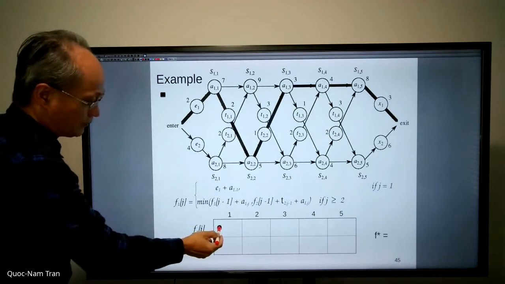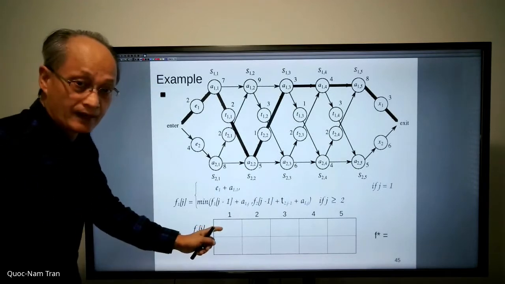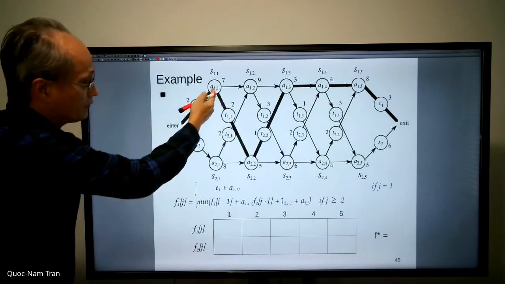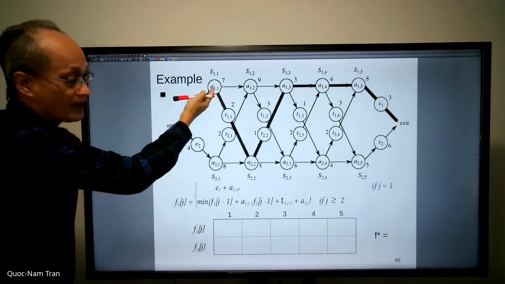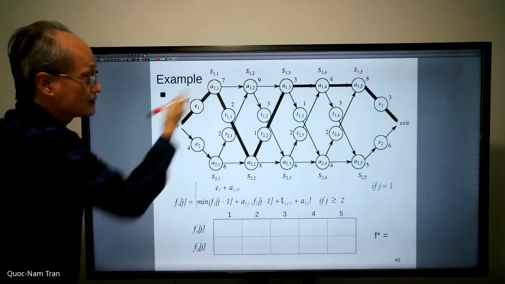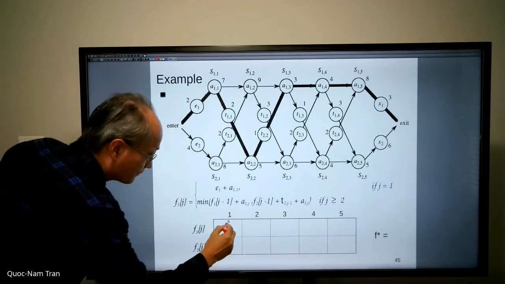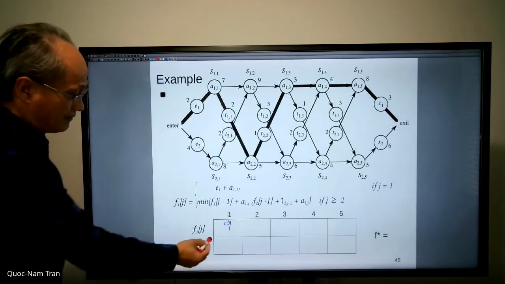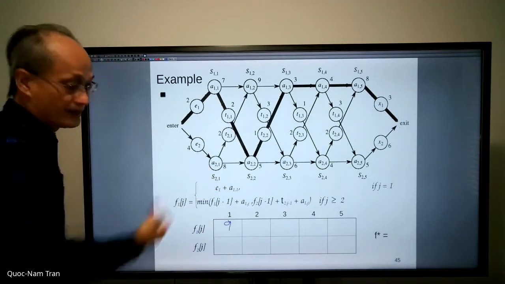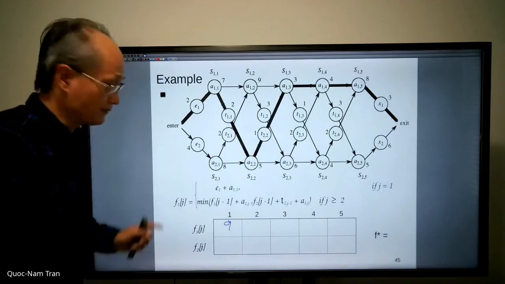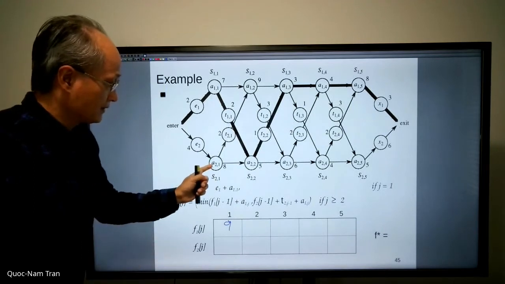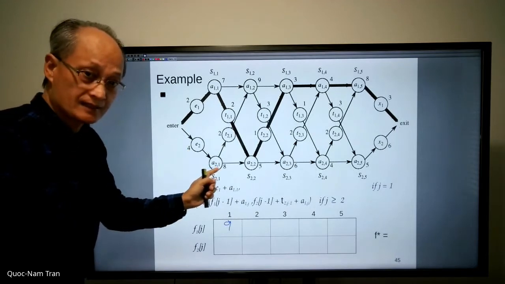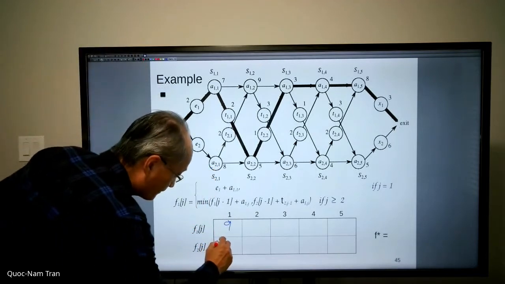Remember that is the base case. f1,1 will be e1 plus a1,1, that is 9. Now f2,1, what do we have? 4 plus 8 is 12, right?